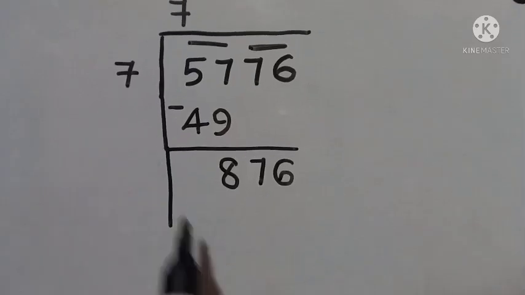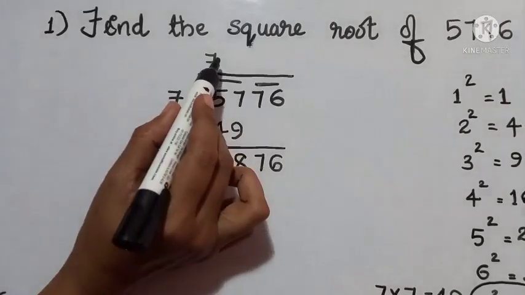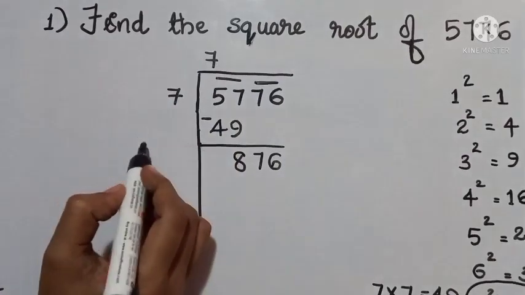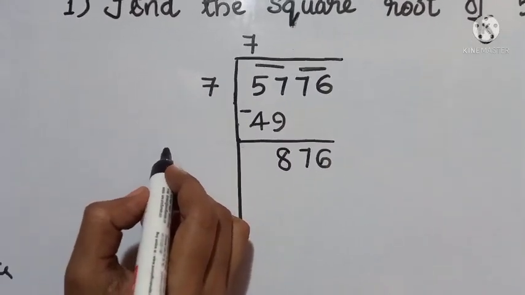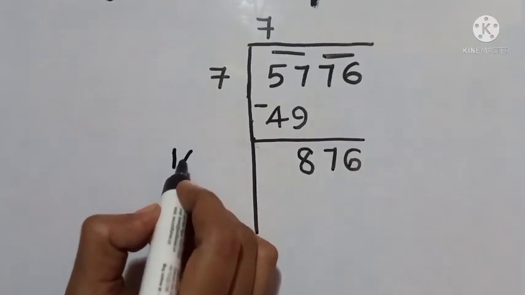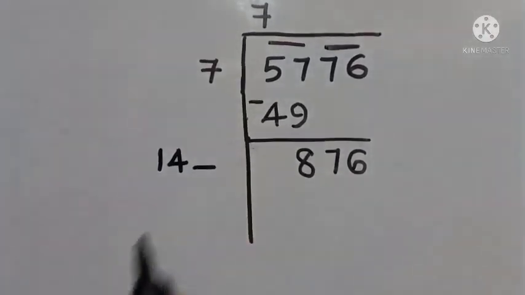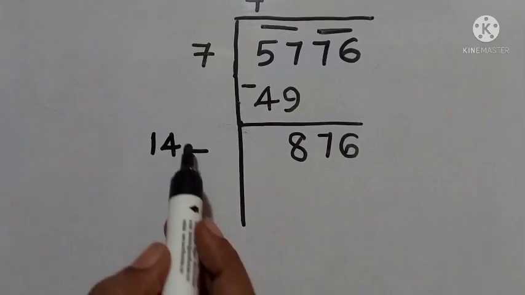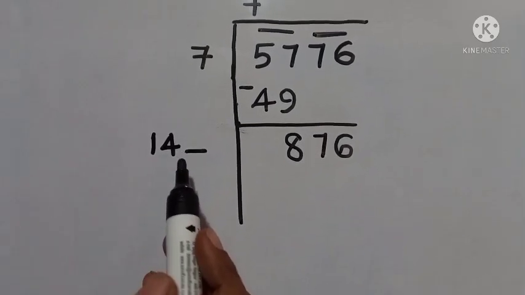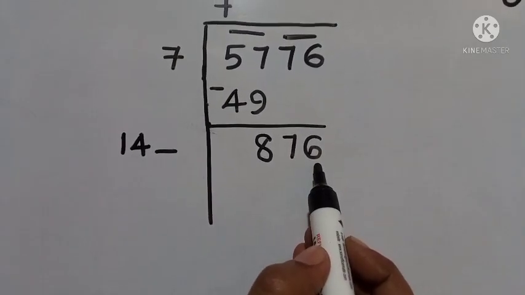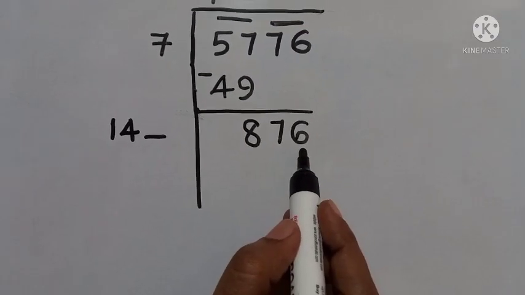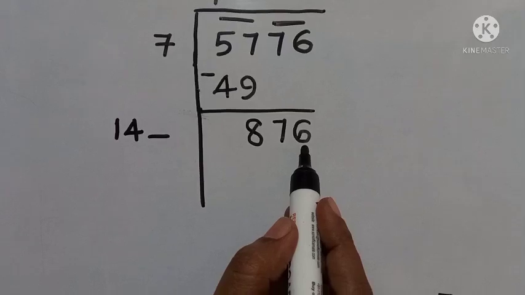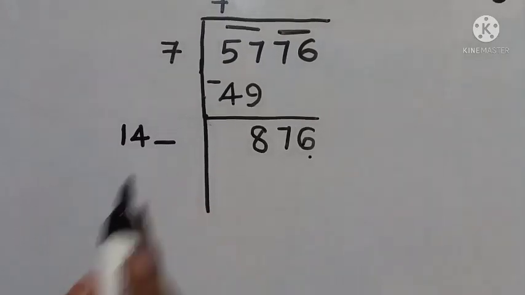Next, double the quotient and enter it in the divisor place with a blank to its right. 14, then put a blank here. Now we have to fill this blank. Here 6 is the ones place, so we have to think about which digits are possible to come in that place.